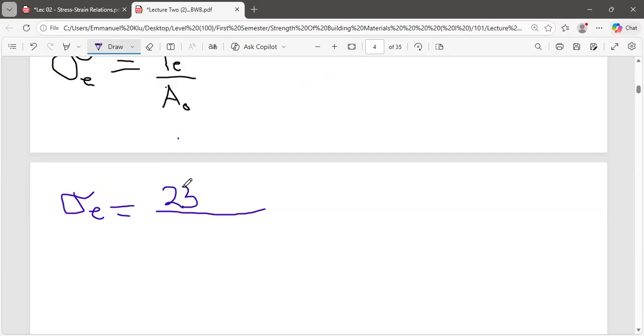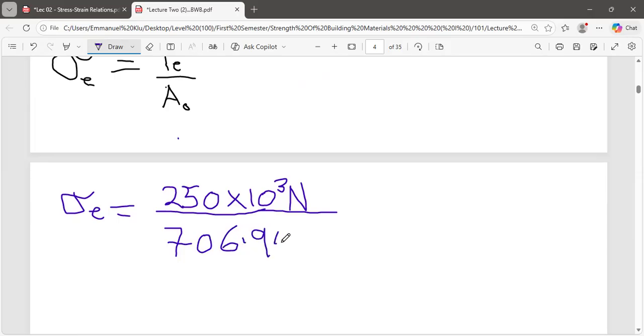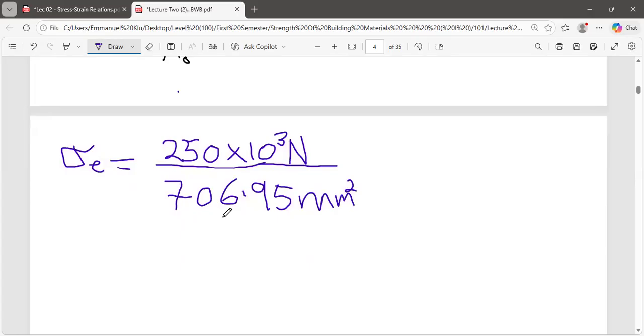We already know that kilo is equal to 10 exponent 3, so we write times 10 exponent 3 Newton, all over the area, which was 706.95 millimeters squared. Quickly, let's all punch this together and see the answer we're going to get.